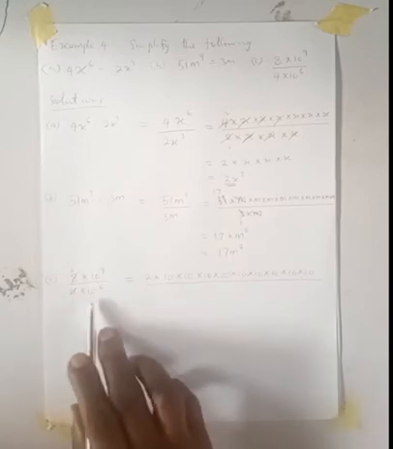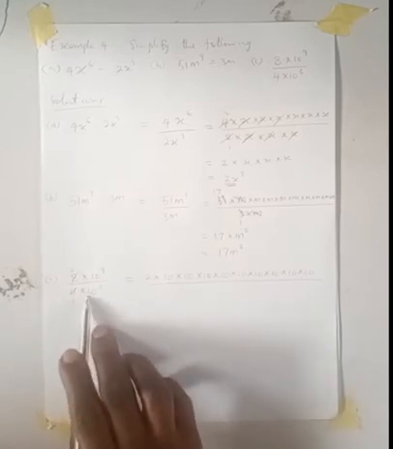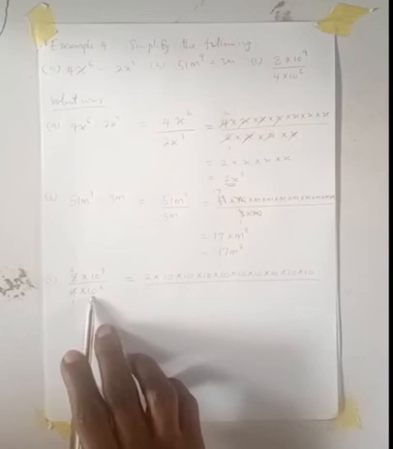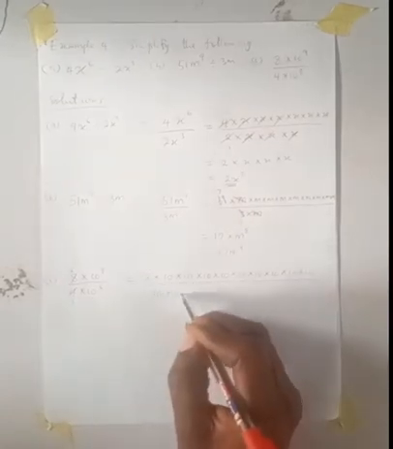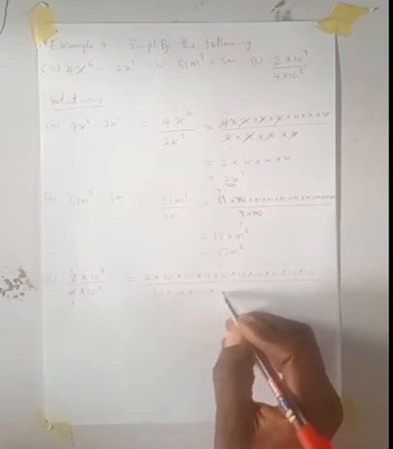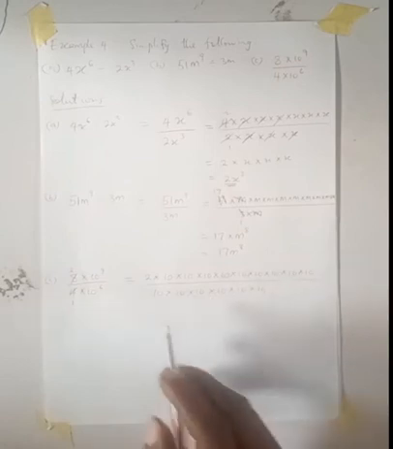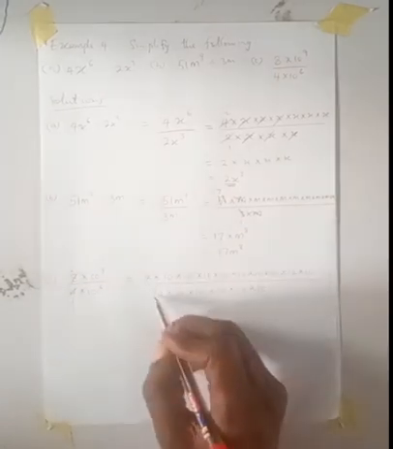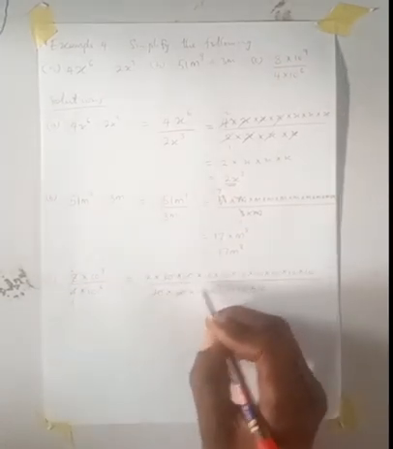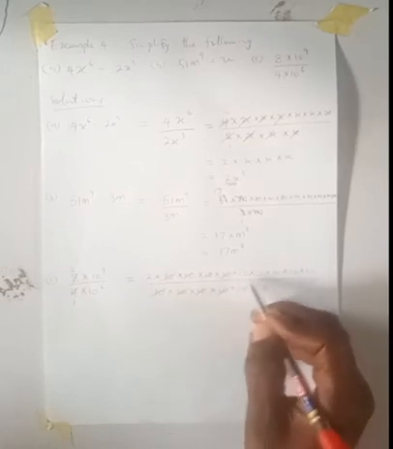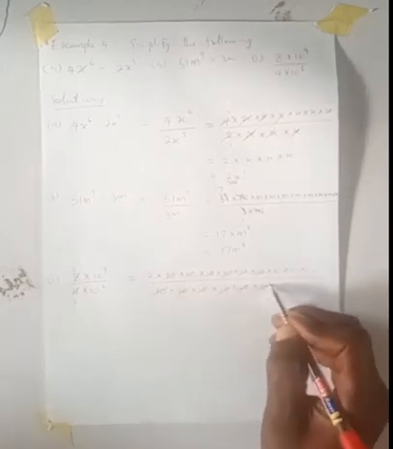So what we have left is just 10 raised to power 6, which is an instruction that this 10 should be repeated 6 times. So 1, 2, 3, 4, 5, 6. Now we can see 10 will cancel out 10, each one cancelling one.